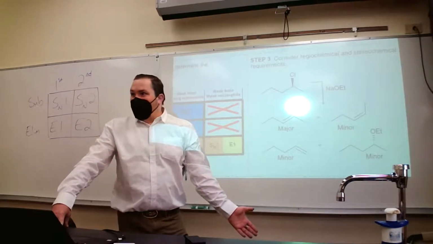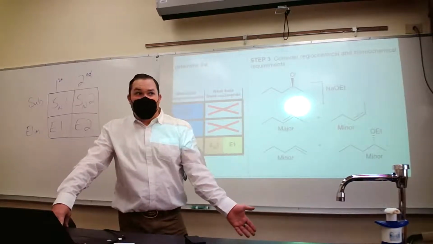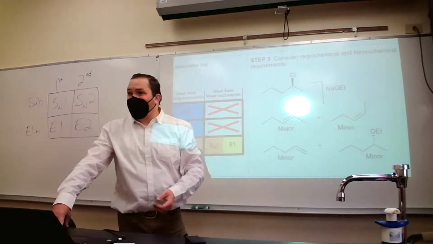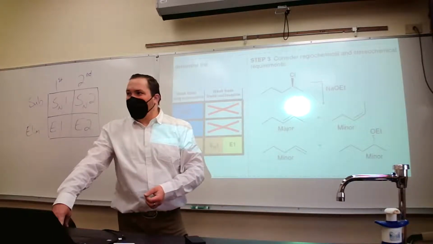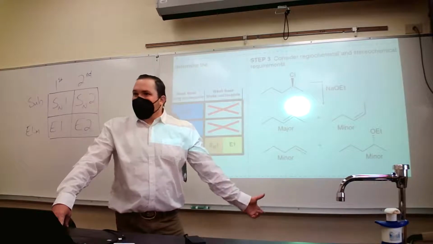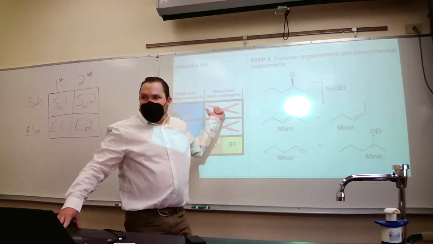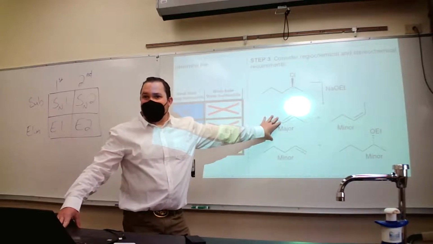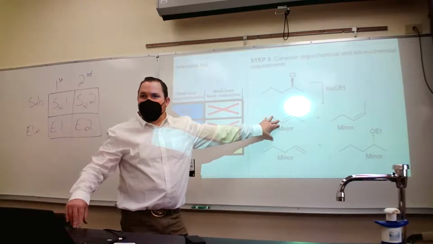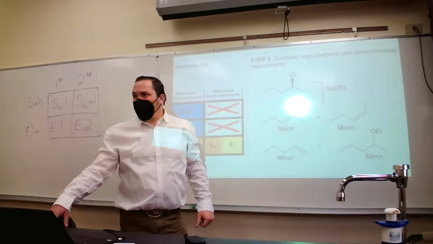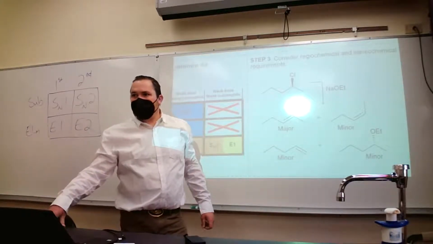Or E1 means it goes through carbocation rearrangement, which could affect my products, right? So this is the step after you pick your mechanism. That's when you start looking at specifically what's going to happen in the course of this reaction now that I've picked which pathway it's going to go through.